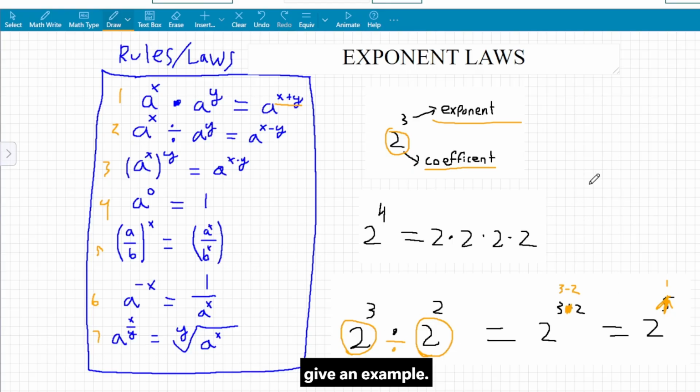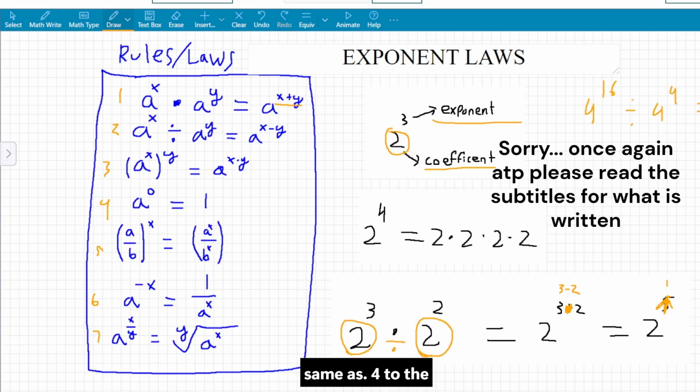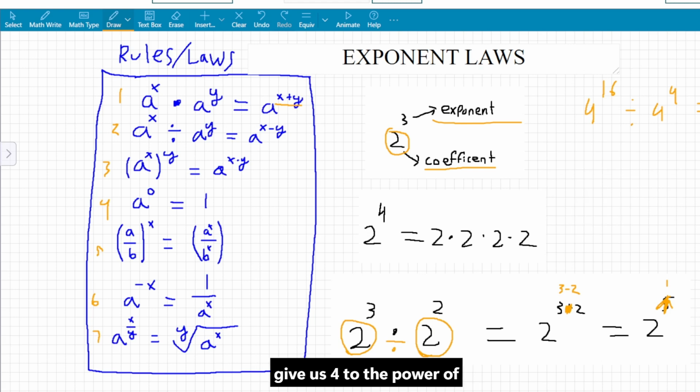Let's give an example. 4 to the power of 16 divided by 4 to the power of 4. This would be the same as 4 to the power of 16 minus 4, which would give us 4 to the power of 12. Same thing, the coefficients need to be the same, otherwise this would not work out.